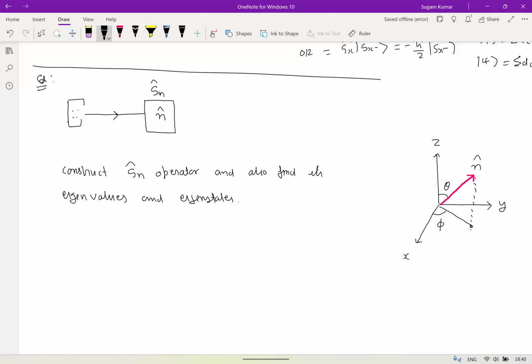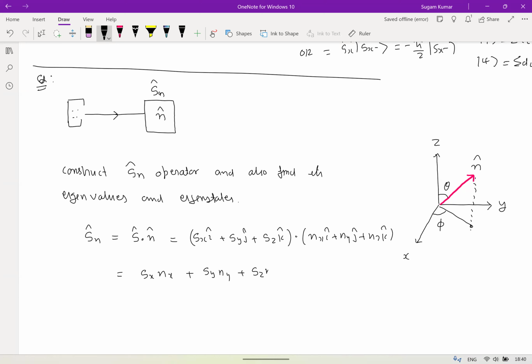So I'm saying that this Sn operator is actually equal to S dot n, where this S is nothing but Sx i cap, Sy j cap, and Sz k cap, and n is nx i, ny j, and nz k, where nx, ny, nz are the unit vector components. So this is going to be Sx nx plus Sy ny plus Sz nz.